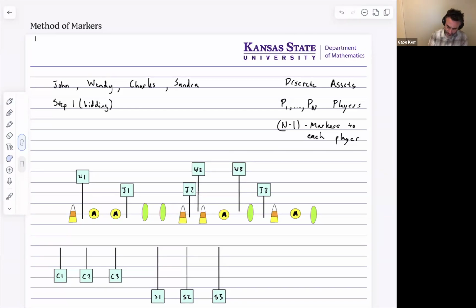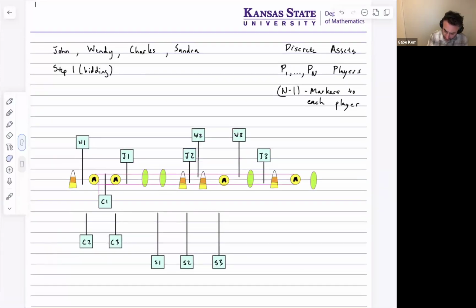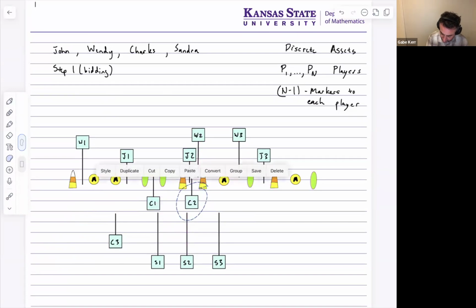Charles likes jelly beans the most. So he'll put his here, and he doesn't really care about anything else. So he'll put this here, and then he'll make sure that he gets a jelly bean in here.